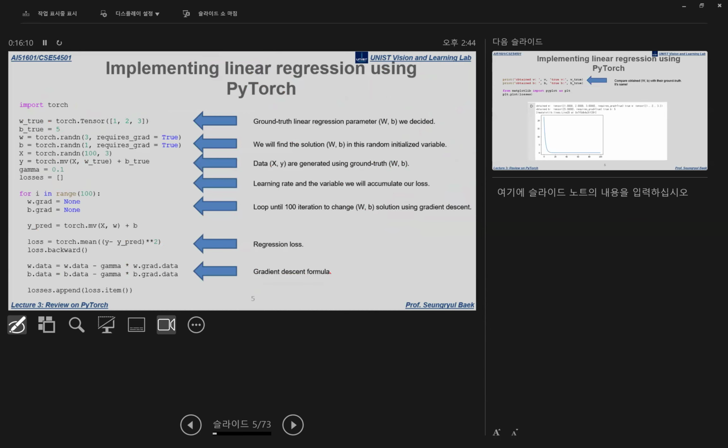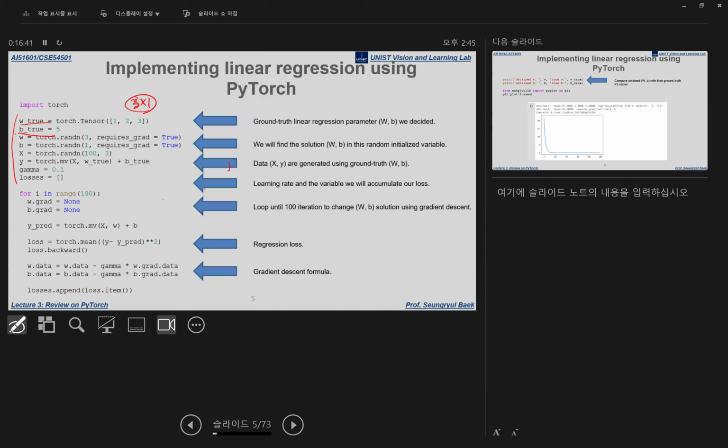This part is for generating some data. This time the W is not a scalar value, but we are assuming a 3 by 1 vector. So X could be some vector here, and B is some scalar value.